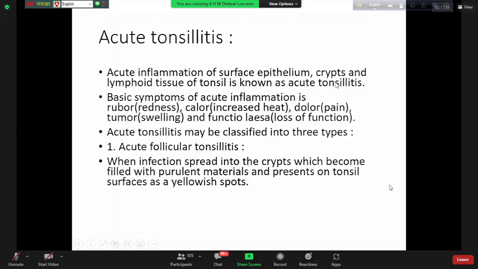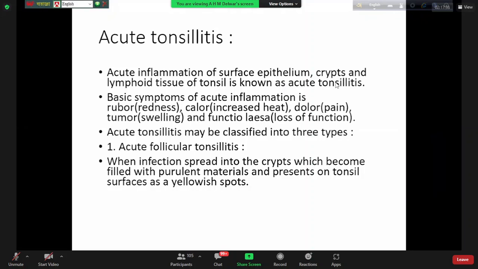So next one, acute tonsillitis. What is itis? It is acute inflammation. You know, in the pathology of tonsil, acute tonsillitis. You already completed pathology, and you know the definition of acute inflammation.